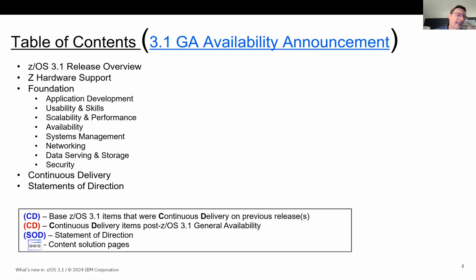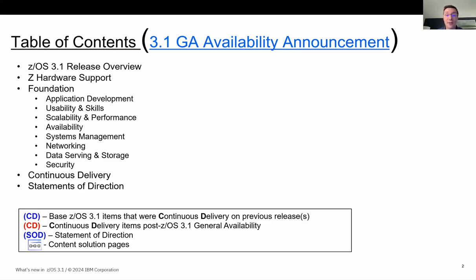This is a key code here to help you understand the bottom. Let me talk about this for a second. If this functionality was available in the base of zOS 3.1, and it has been available also in an earlier release, it will be shown by a blue CD, and it will usually try to indicate to what release it was rolled back to.